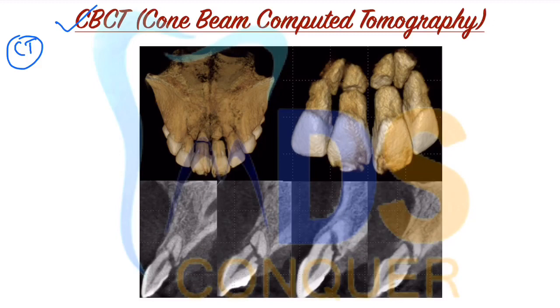So they can ask you, among the options, which is the best one to determine the number of canals on the radiograph, or an apical root fracture at which level, or anything. The best way is CBCT, because you can see this in different layers of cross section, both horizontal or vertical, at any level, by which you can clearly identify any sort of abnormality or problem.